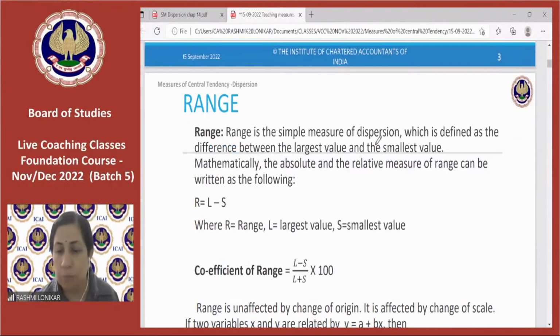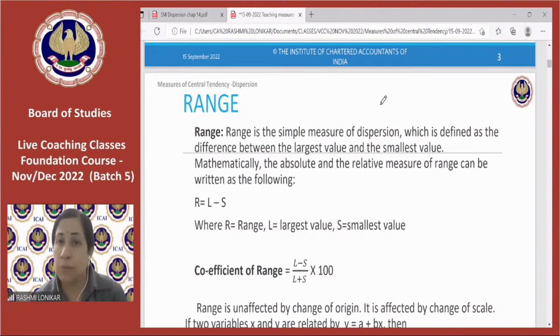Range is a simple measure of dispersion which is defined as the difference between the largest value and the smallest value. When I have just some discrete numbers and I want an overall view of the data, I use range.